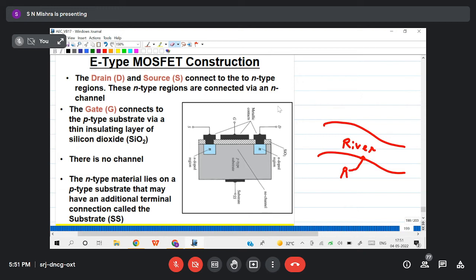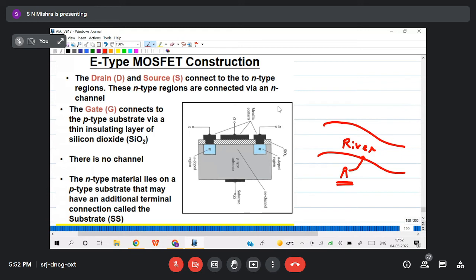Or you tell me, you are on this side of the river and you want to go to the other side. What will you do? There is no bridge, there is no boat, and you don't know swimming.